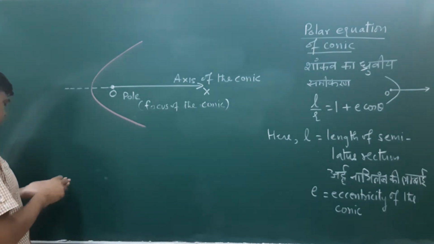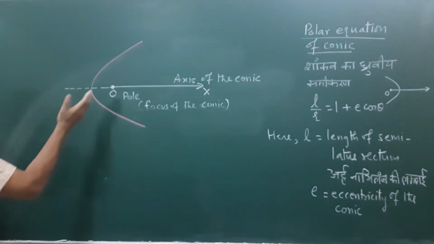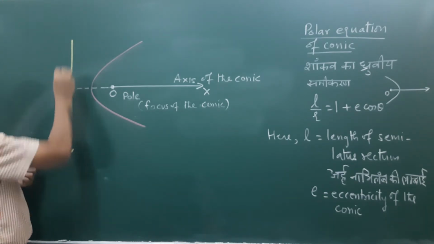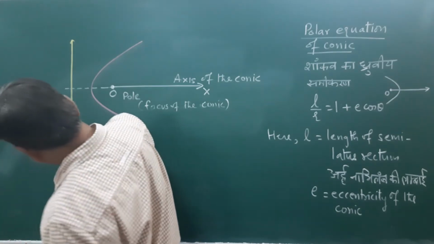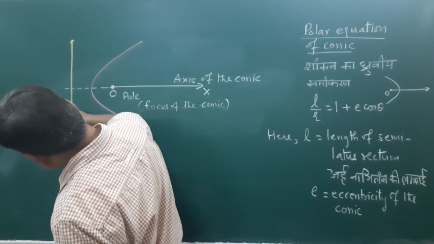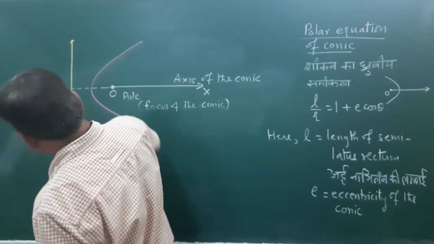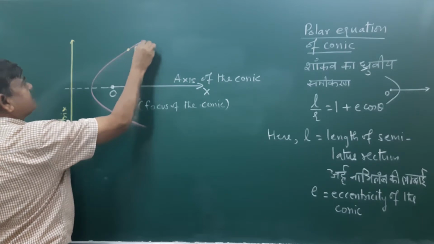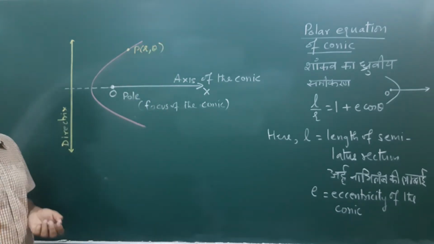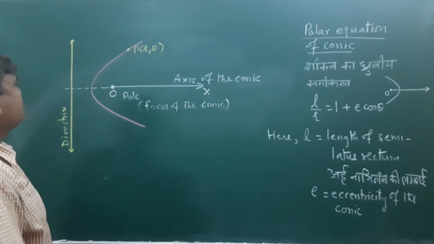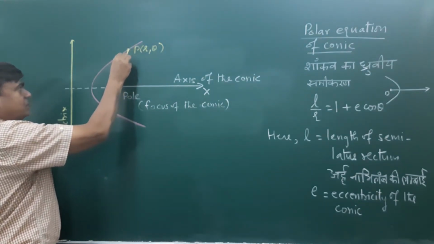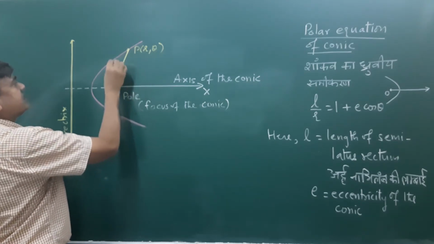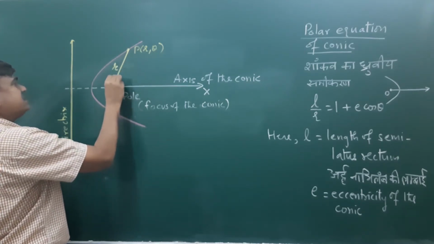As usual, the directrix will be at the back of this. Here is the directrix. Take any point P on the conic, with general coordinates as usual, that is r comma theta. Now we join P to O, then this length is r and this angle is theta.